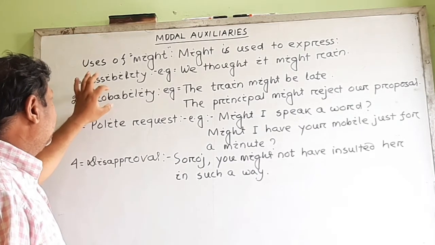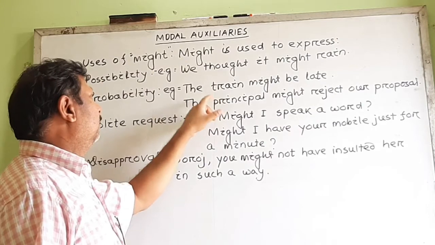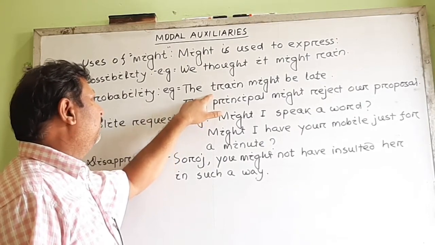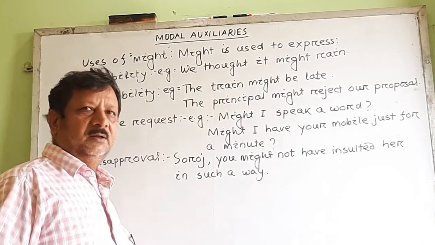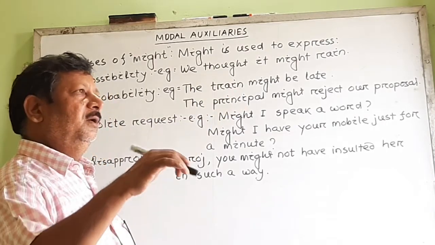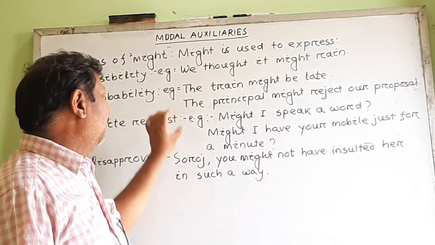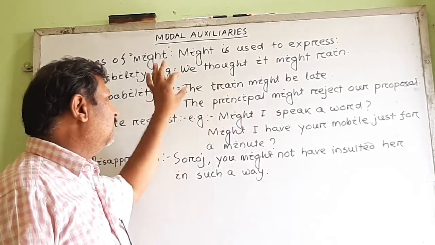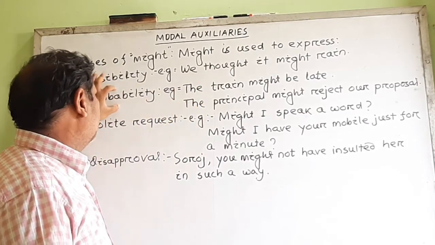As it expresses probability, from the examples given here we can understand: The train might be late. So it is probable that the train might be late, and the principal might reject our proposal. These are the two expressions that express probability.